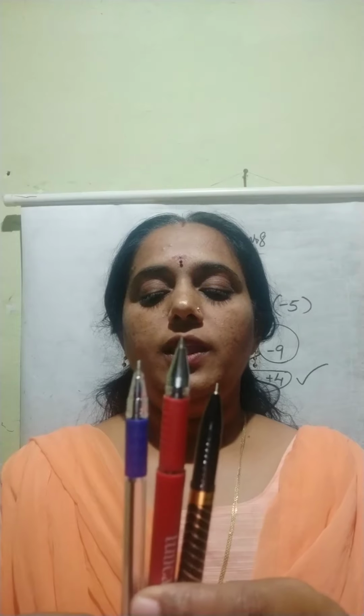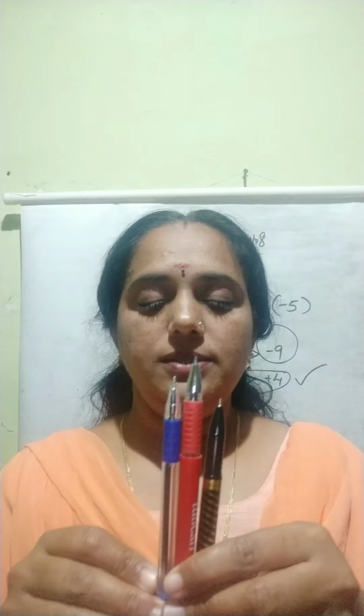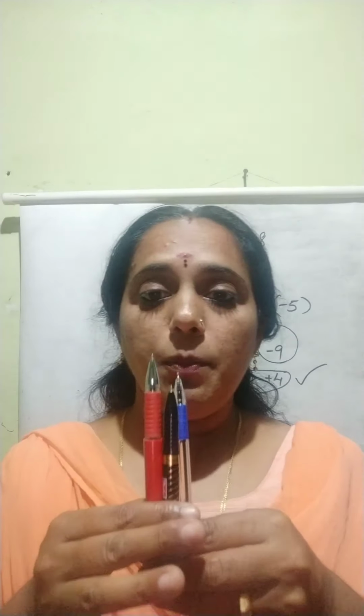So now we can go through this example. Among these 3 pens, one is smaller than another one. So what happened? Here this one is smaller than this one, and at the time this pen is greater than this one. Okay, clear?